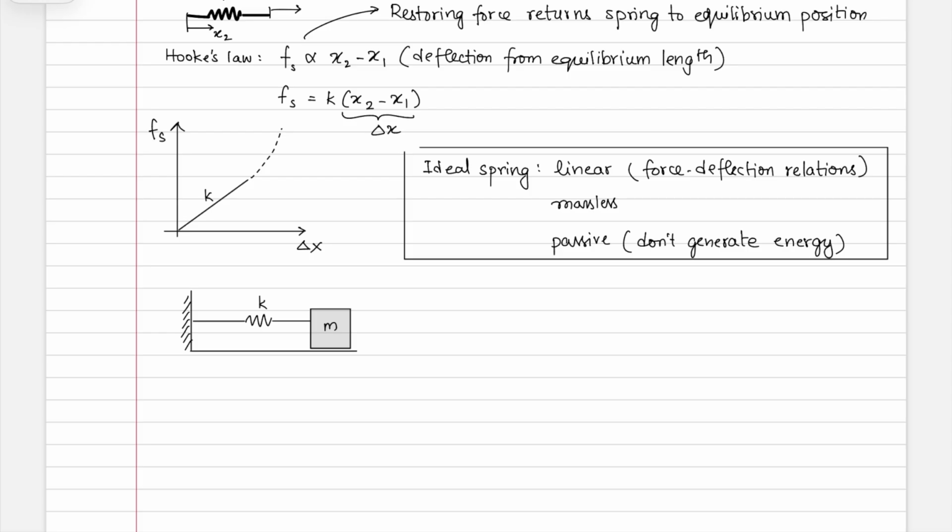Okay, but let's say that you moved this mass m to the right. And we're essentially considering this mass to be a particle, that is, its entire position is defined by just one measurement.